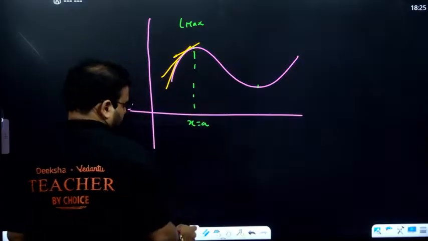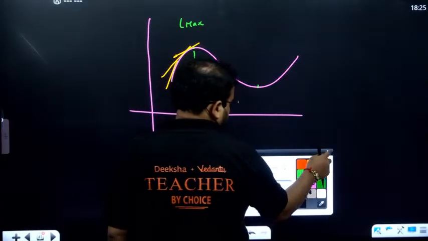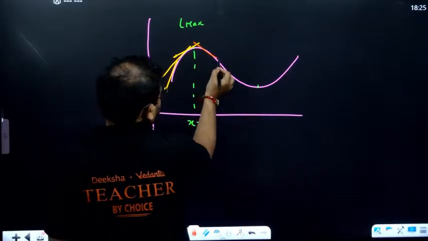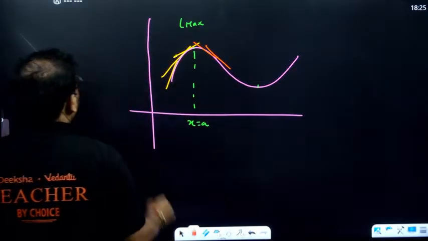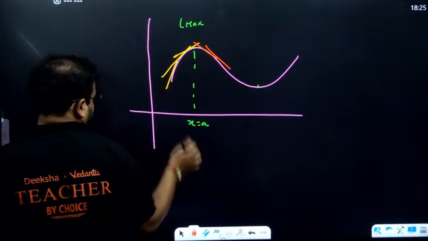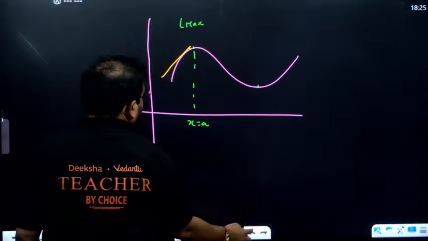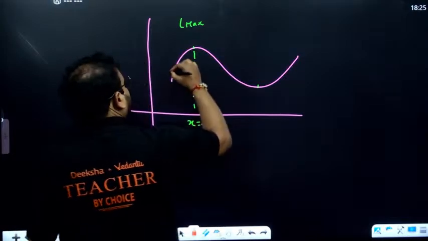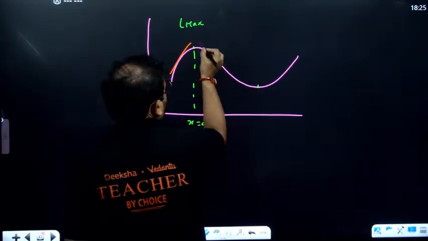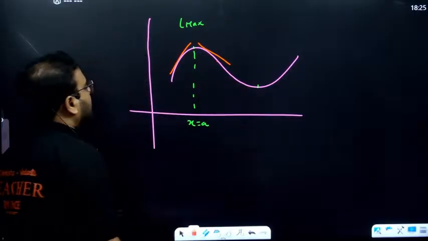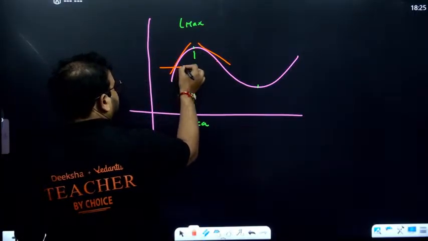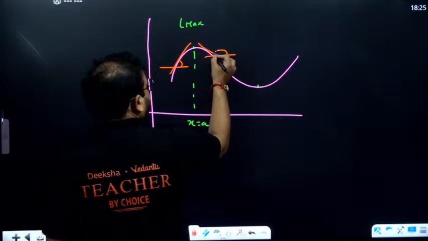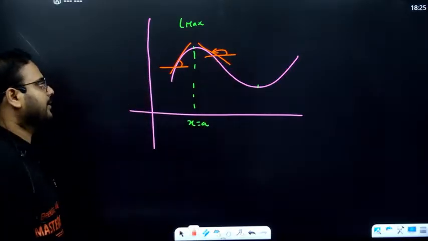Same way, if you go after the point, slopes look like this. You see this? That's my slopes. If I take any one as the example, before and after, look at the angle made by the tangent with the x-axis here and here.